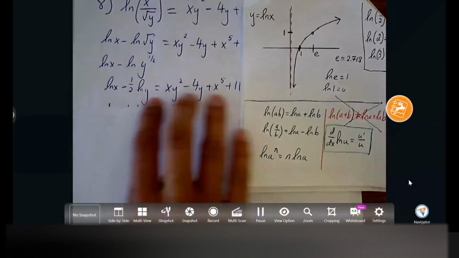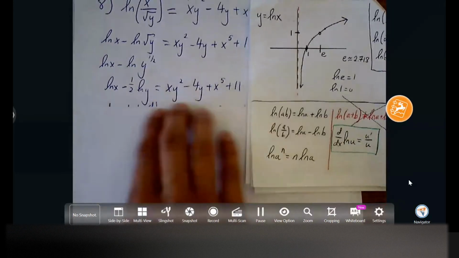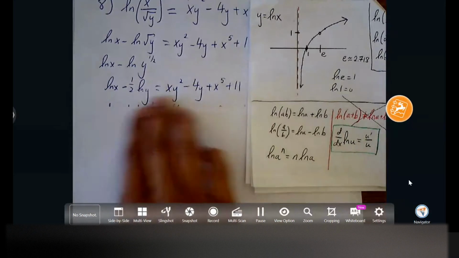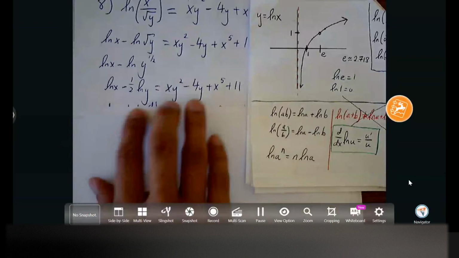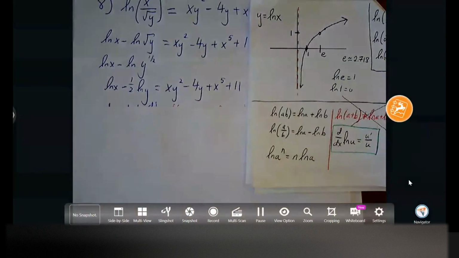How many y terms do you count? How many y's do you see? That means the next line will produce 3 separate dy dx's. Okay, try that. So what's each of the derivatives?